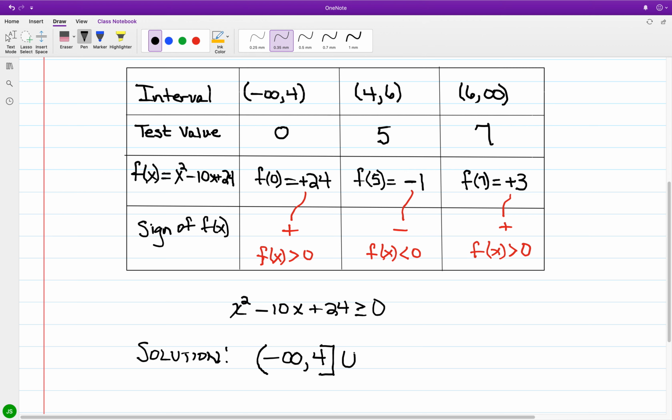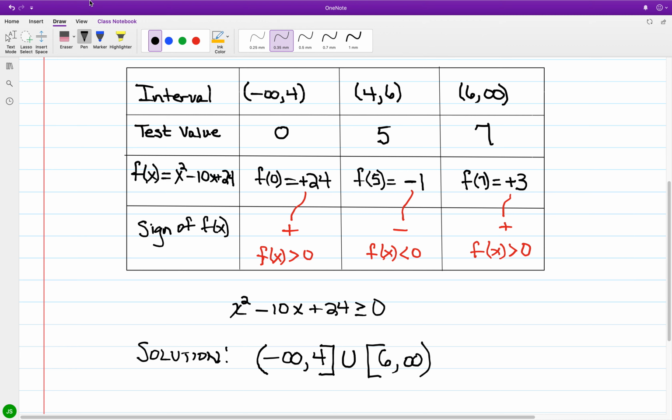And then for the other subinterval, starting from 6, and since you have equal to 0 in the inequality, 6 is going to be in the bracket, and we have on out to infinity.